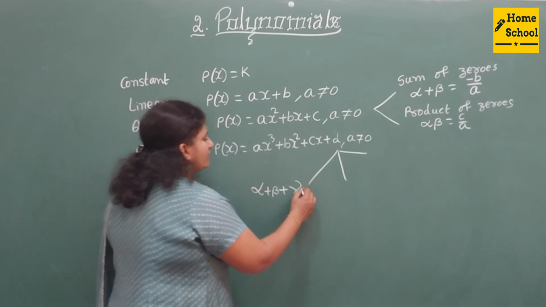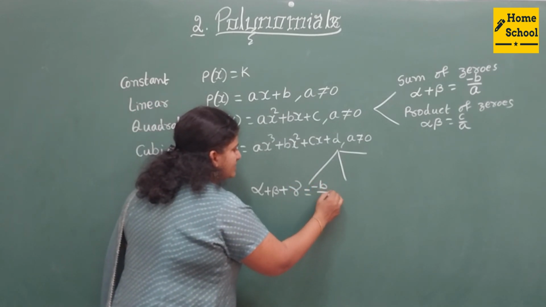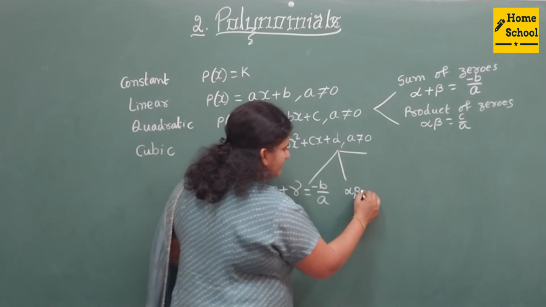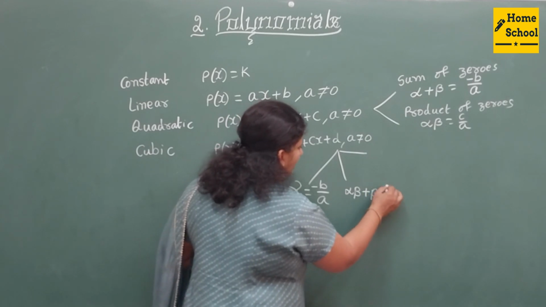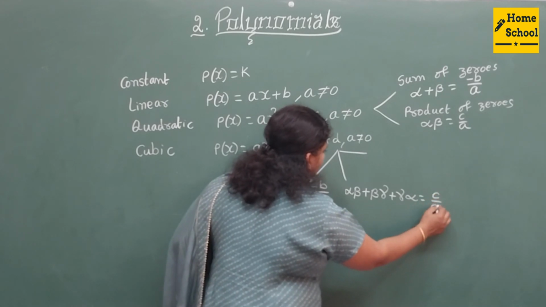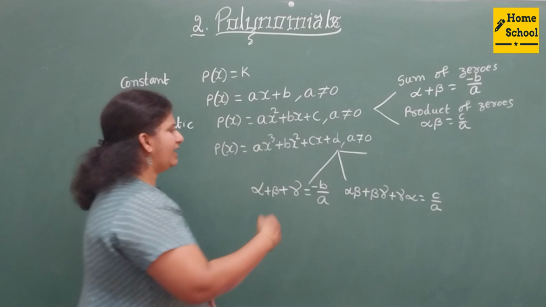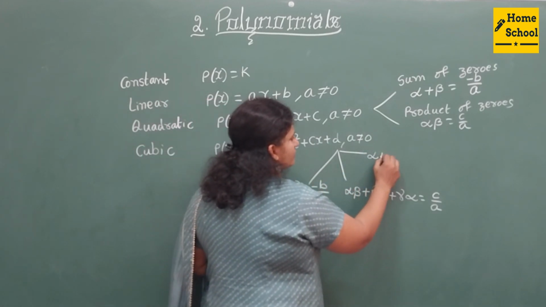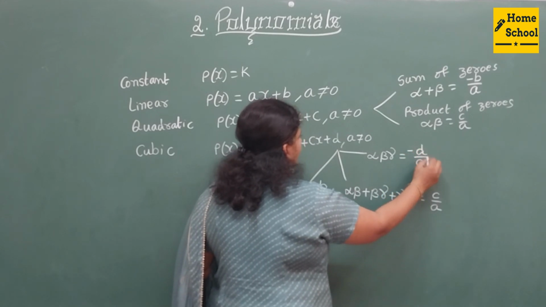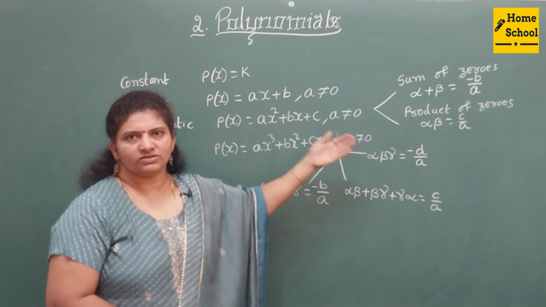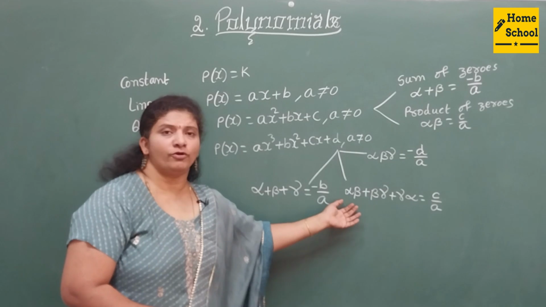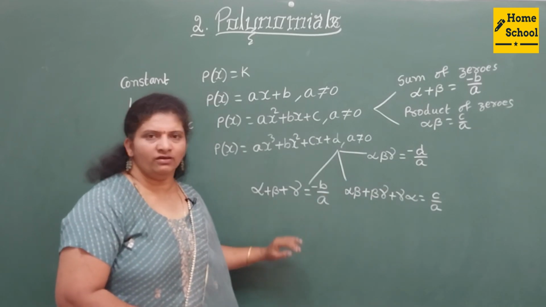Then the sum of all three zeros, alpha + beta + gamma, is -b/a. The sum of the products of their pairs, alpha beta + beta gamma + gamma alpha, is c/a. And the product of all three zeros, alpha beta gamma, is -d/a. Those are the sum and product of zeros, and the sum of product of their pairs. You can see the formulas.